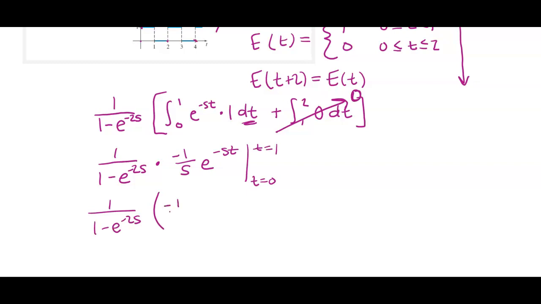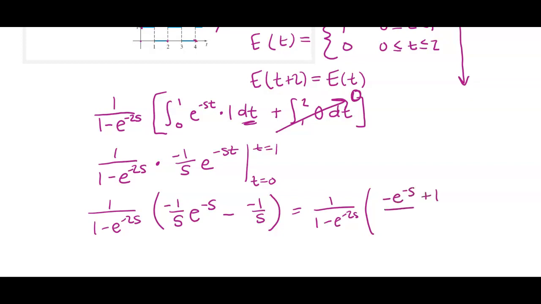When I plug in 1, I get negative 1 over s, e to the negative s, and when I plug in 0, I get negative 1 over s. I'm going to go ahead and combine those, so I get negative e to the negative s plus 1, all over s.